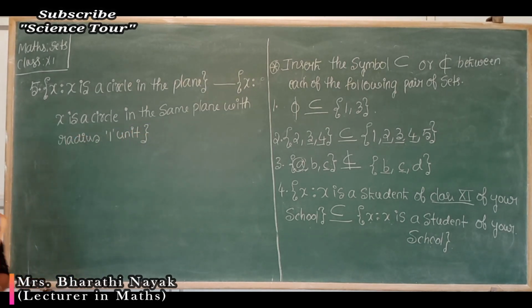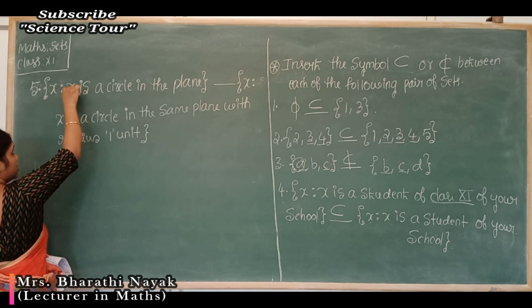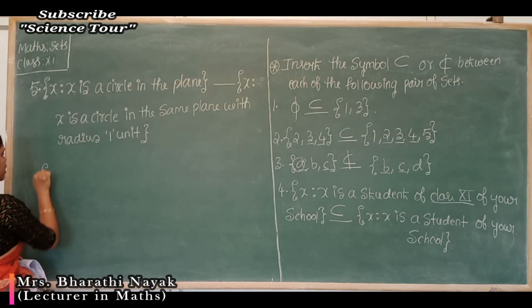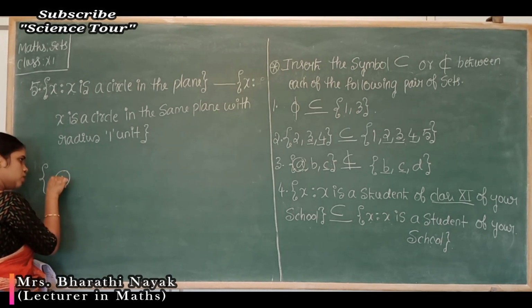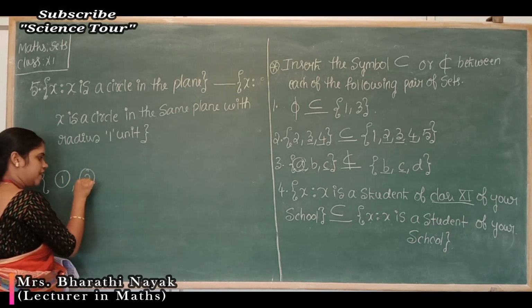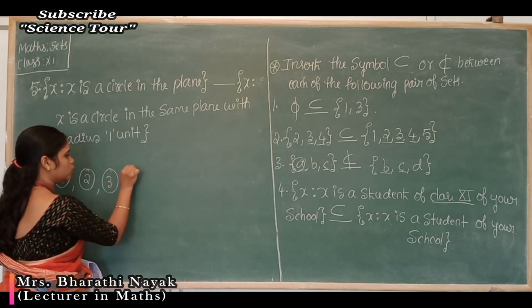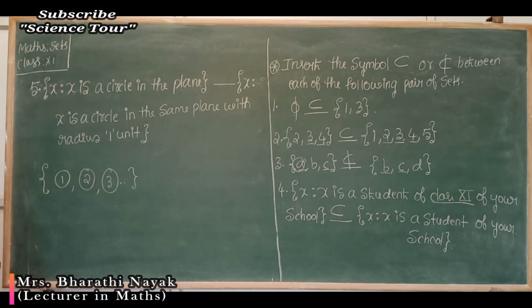What is the meaning of this? See, your first set is about the set of all x such that x is a circle in the plane. So in your first set you have all types of circles, meaning a circle with radius 1 unit, or 2 units, or 3 units. So all types of circles are included in the first set.